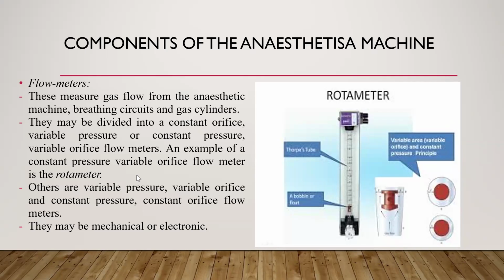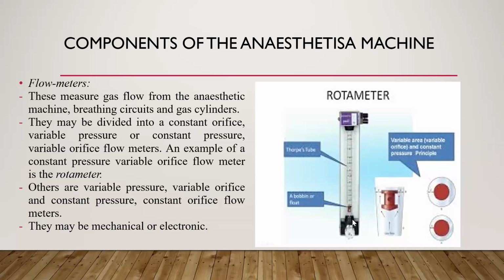We have the constant orifice variable pressure or constant pressure variable orifice flow meters. The one that we use most of the time in theater, the flow meter bank, is the constant pressure variable orifice flow meter. I'm sure you have come across it during physics.